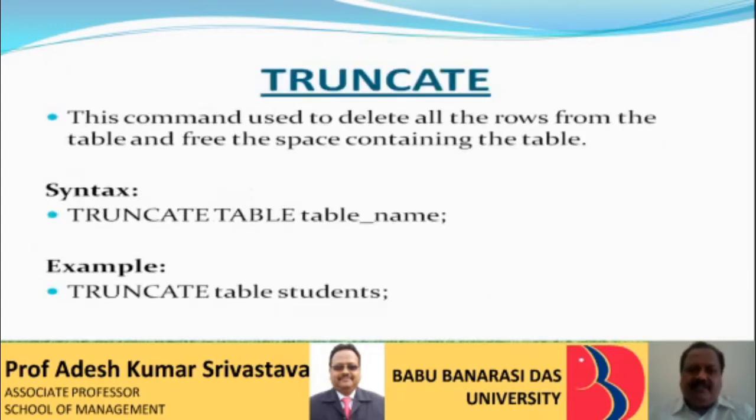I hope these examples have made the alter command clear to you. We come to the next command, that is truncate. This command is used to delete all the rows from the table and free the space containing the table.